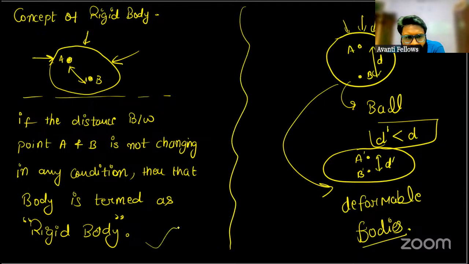What is a rigid body? If the distance between any two specific points on the body is not changing in any condition, or by the action of any force or any torque or any type of condition, then that particular body is termed as a rigid body. Clear? Any kind of doubt?